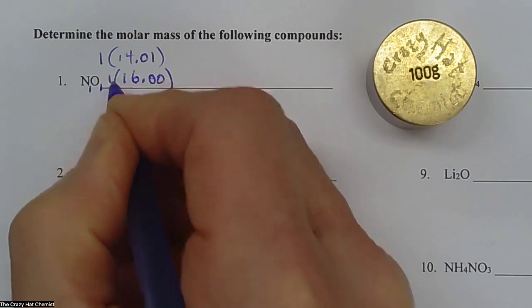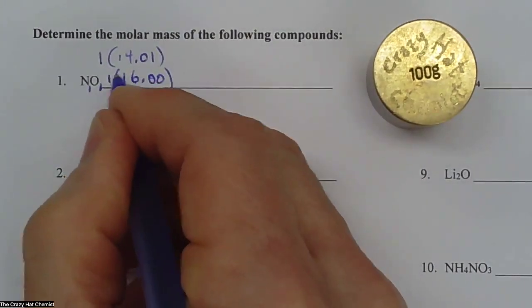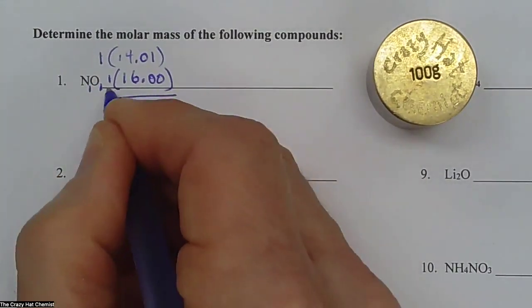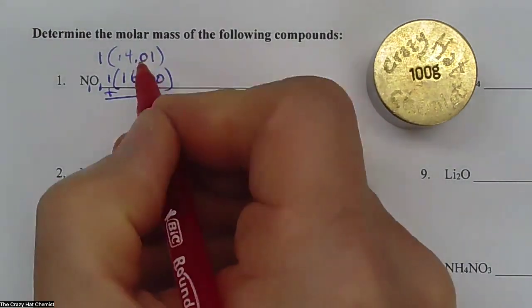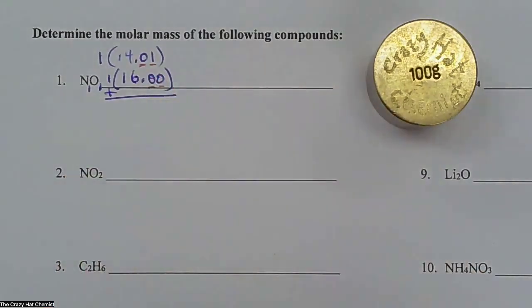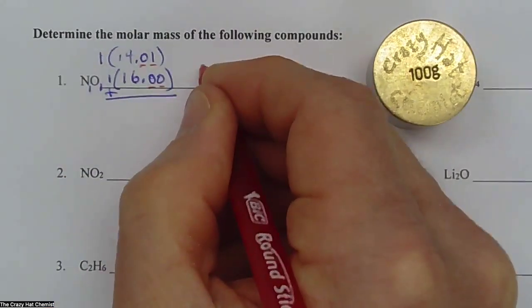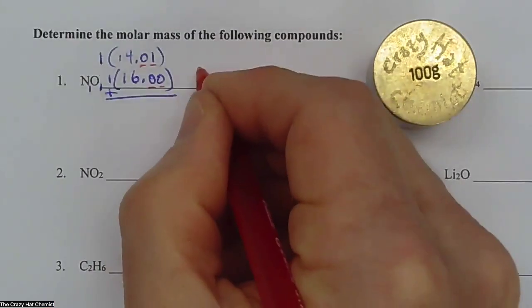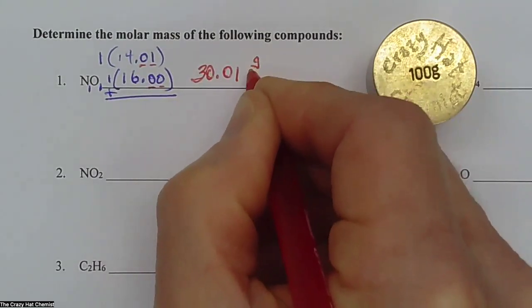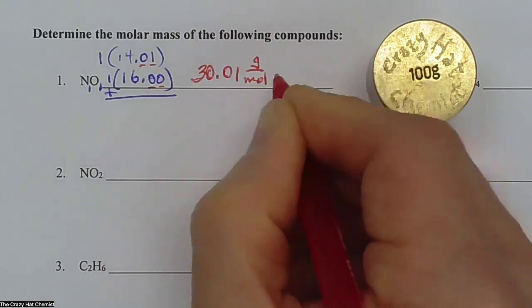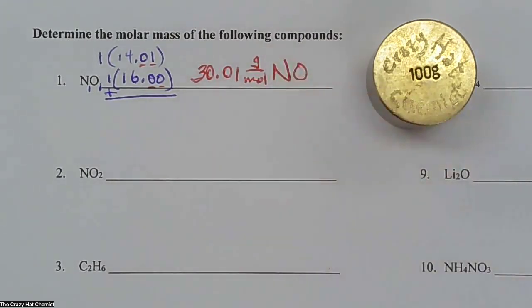So there's 1 of those. I'm going to multiply, and then add these up, rounding to 2 decimal places, and that will be 30.01 grams per mole of NO.